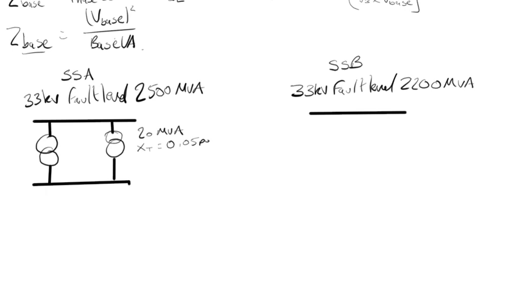It could be expressed as a percentage or a pu value. If it's expressed as a percentage, then 100% equals 1 pu, or 50% equals 0.5 pu, which means 5% equals 0.05 pu. So that would have a reactance of 5%.